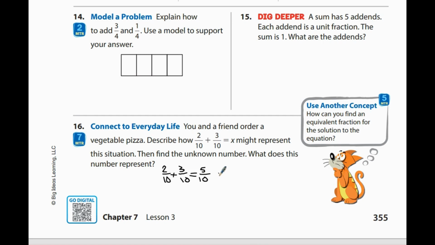That means you really have half a pizza left, because 5/10 is 1/2. So it lets you know how much of the pizza was eaten, which is 5/10. But it also lets you know how much of the pizza is left, because in this case, half of it is left. So that's exactly what helps you figure it out.